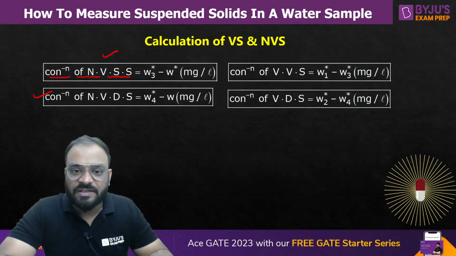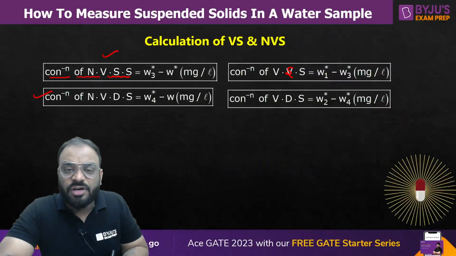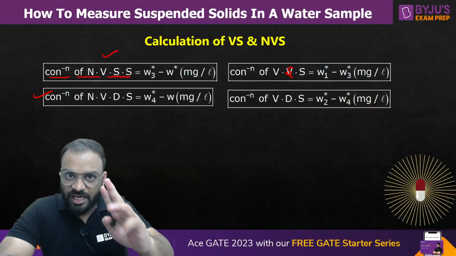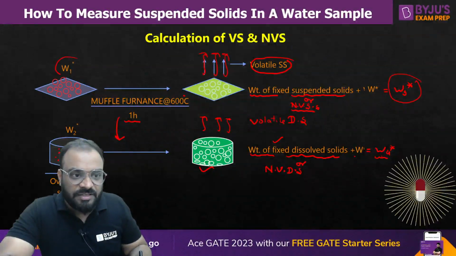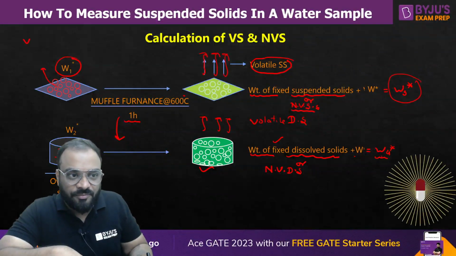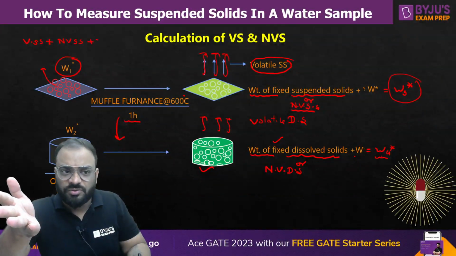Now guys, our task is to measure the concentration of volatile suspended solid and volatile dissolved solid. You know that this particular weight is W1 star, in which two things are there: volatile suspended solid plus non-volatile suspended solid, and the weight of the filter also, right?